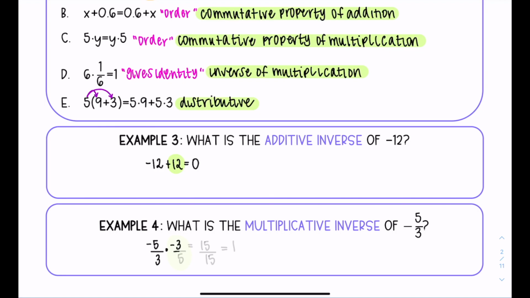So it's now negative 3/5. And we can check that because when we multiply across the top, negative 5 times negative 3 is 15. And when we multiply across the bottom, 3 times 5 also gives me 15. And 15 over 15 is 1. And so the multiplicative inverse of negative 5/3 is negative 3/5.